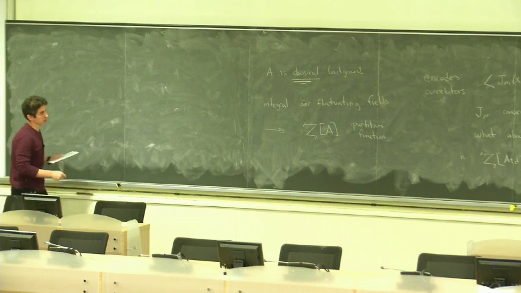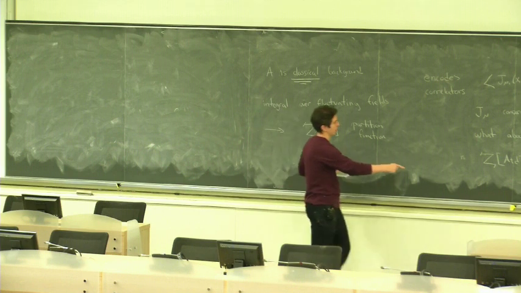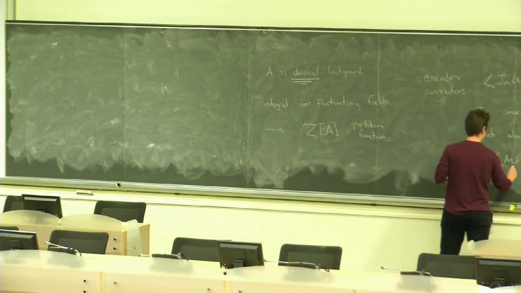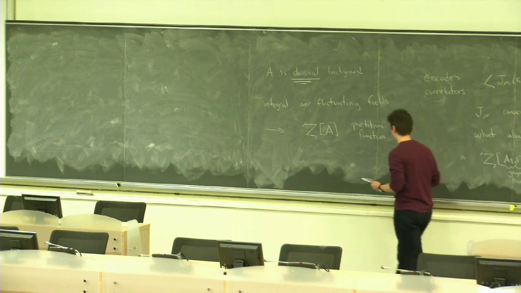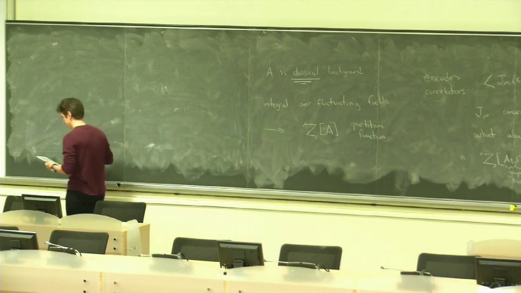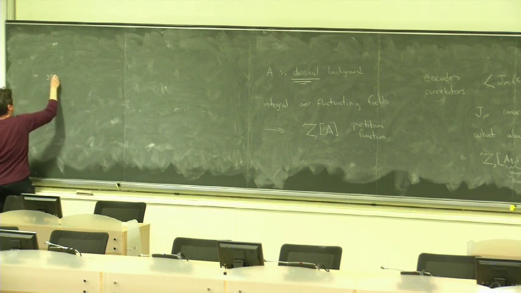Now, in general, that equation is not true. In general, it is not the case that Z of A plus dλ is Z of A. So this is like a gauge transformation on the background field A. In general, we find the following.